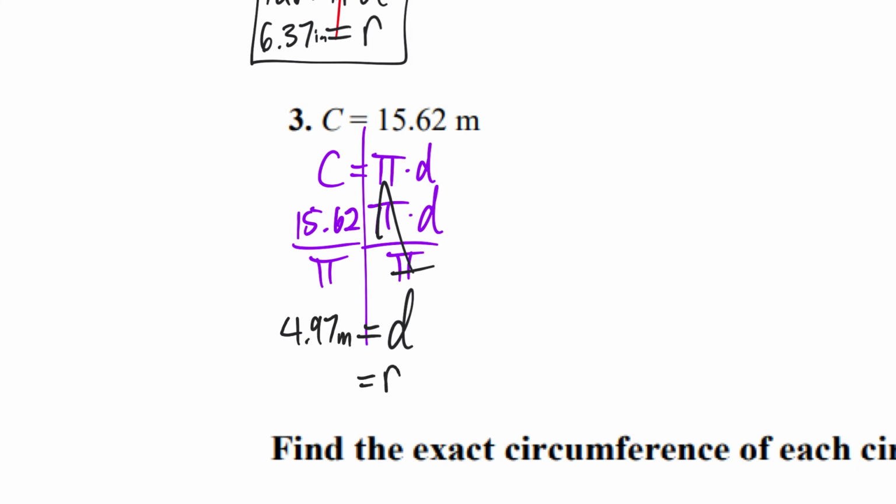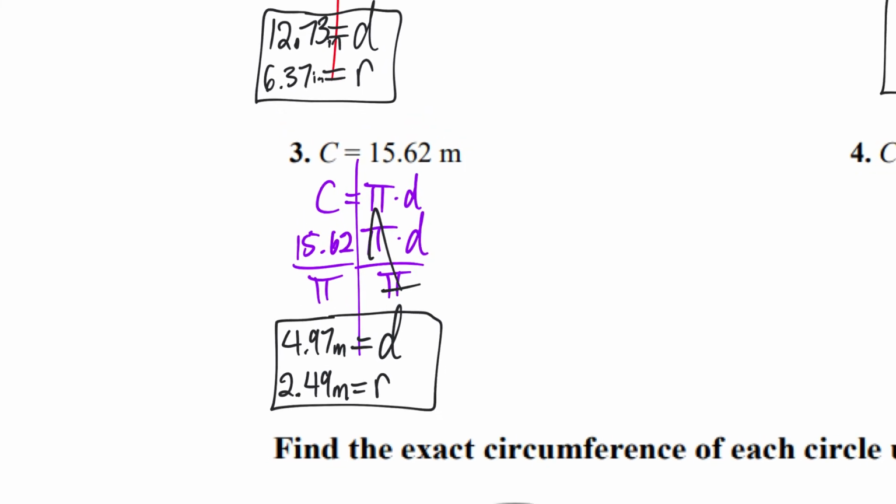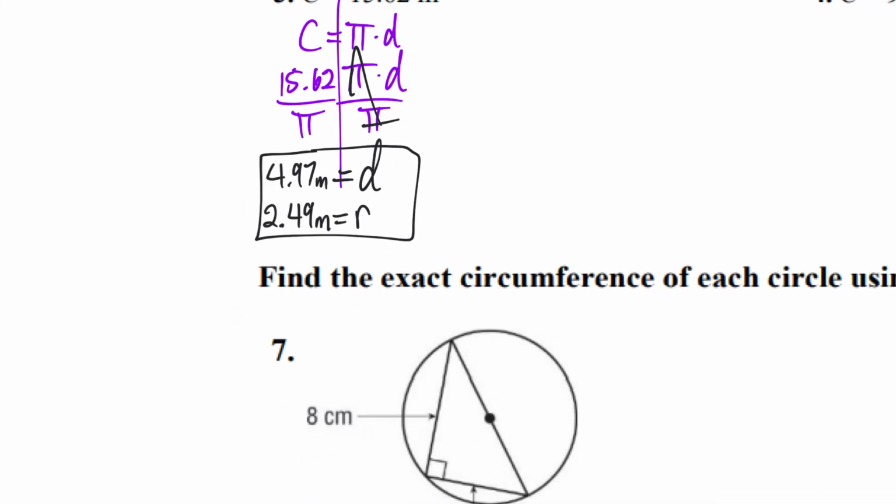And then the radius? Does that round up to 2.49? Okay, so pretty simple. Really, to get from the circumference to the diameter, what do you do? Just divide by pi. Circumference divided by pi gives you the diameter.